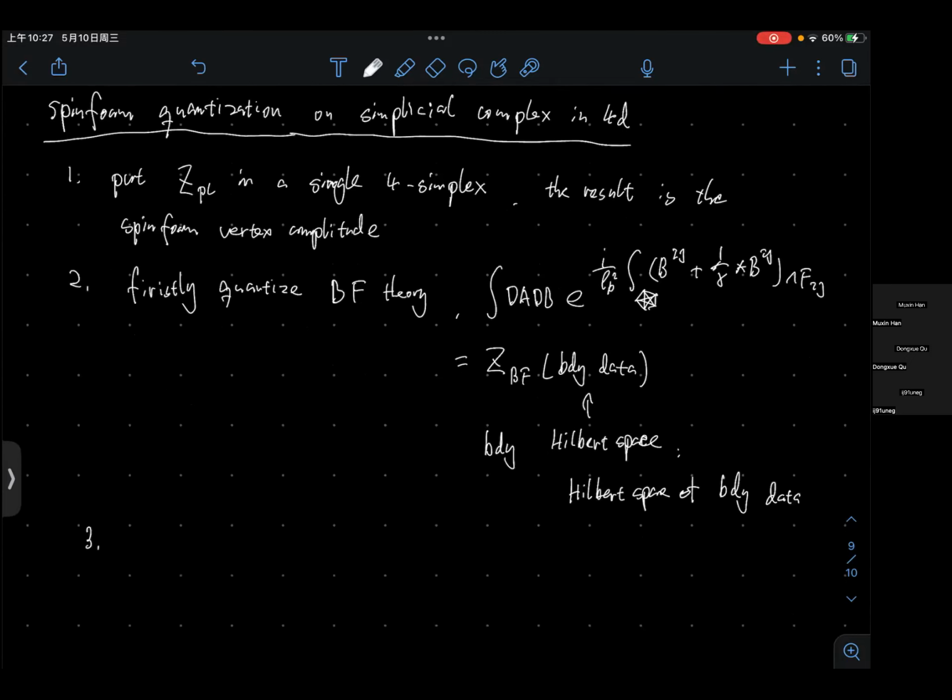Okay, so now this is just BF theory. We need to put in a constraint, a simplicity constraint, but now we put it in afterwards by quantizing the simplicity constraint and imposing it on the BF boundary Hilbert space.